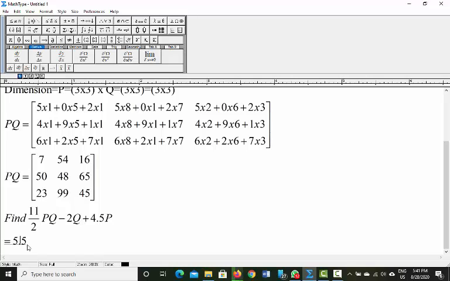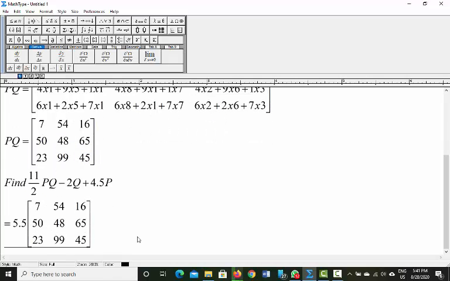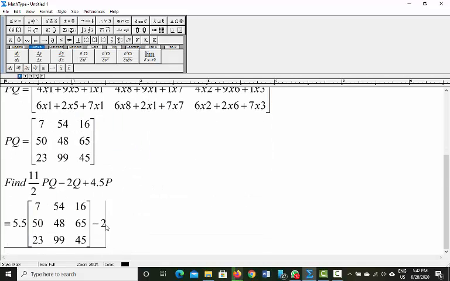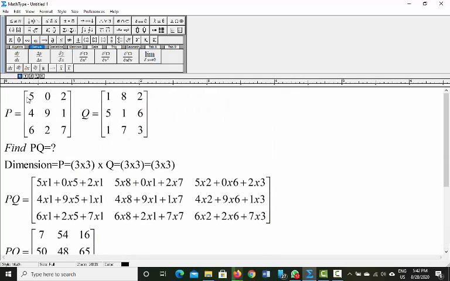So 11 by 2 means 5.5 multiplied by PQ. This is PQ. Right. So minus 2 multiplied by Q. This is Q. Plus 4.5 P. This is P.